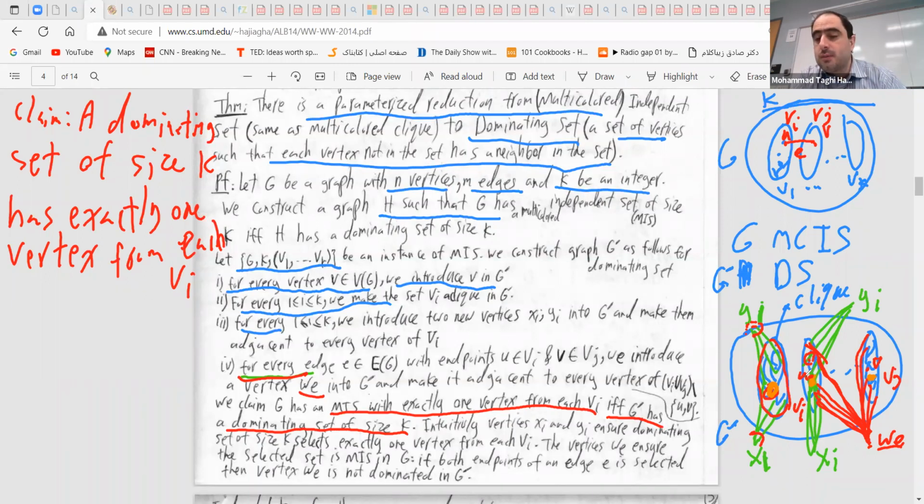And again, these are two different properties. One is the dominating set property, the other one is independence. However, this comes exactly from the construction of WE. And that's one of the nicest tricks here.